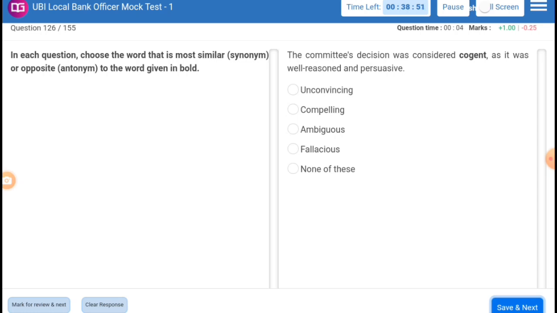The committee's decision was not considered dash as it was well reasoned and persuasive. The committee's decision was considered. The politicians' remarks were caustic. The politicians' remarks were something and providing a.